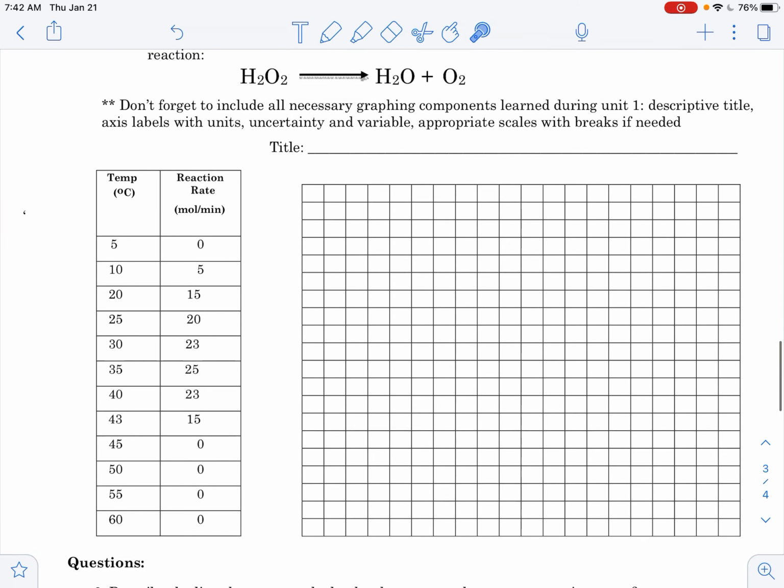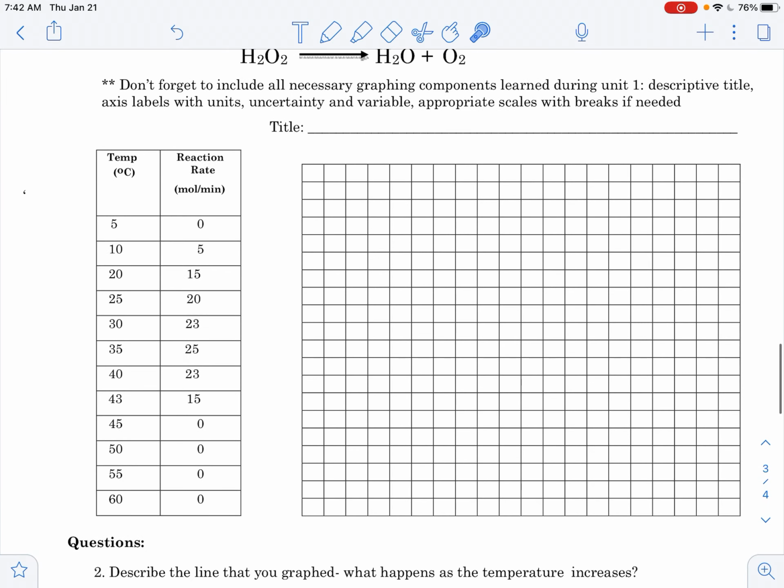I think you guys remember how to do a graph. Remember, the independent variable goes on the x-axis. Okay, what you're altering, that's going to be temperature. And then your reaction rate's going to go here. Don't forget to write the units. I'll let you remember, uncertainty is plus or minus the smallest increment.